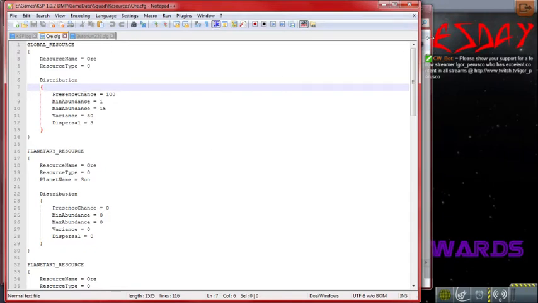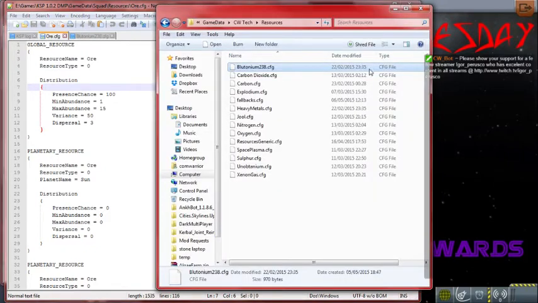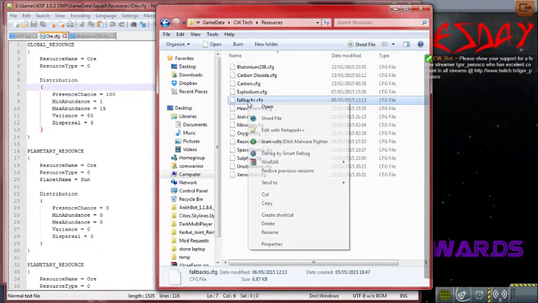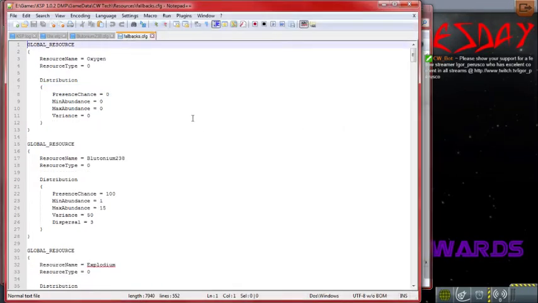One other file that needs to be opened is I have set up a fallbacks config file, because one of the not so much bugs but issues that I found with Regolith was that you have to have a global resource for everything before it will actually pick up the resource.